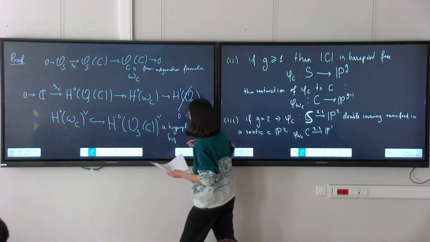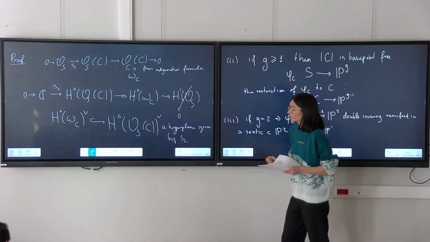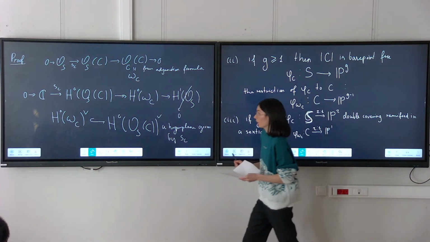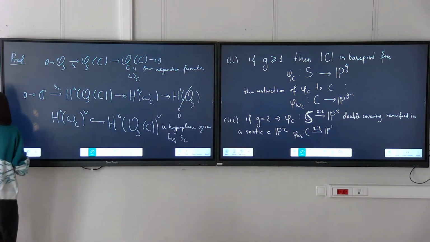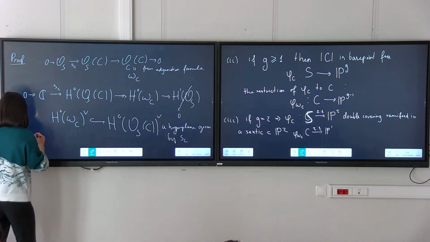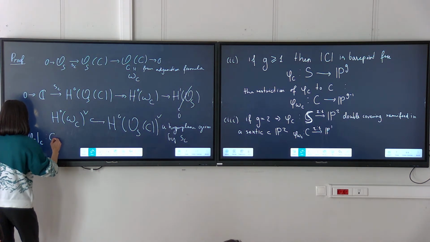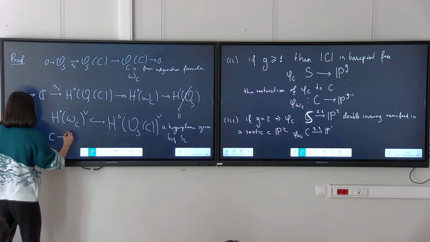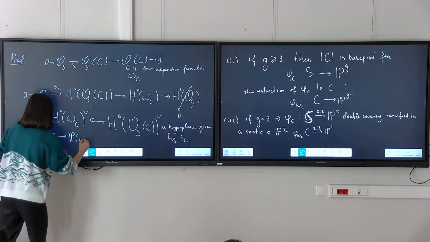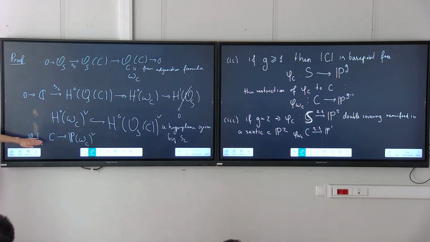Yes, dual. And from this, we immediately obtain that the restriction of C to C is just the canonical embedding, right?